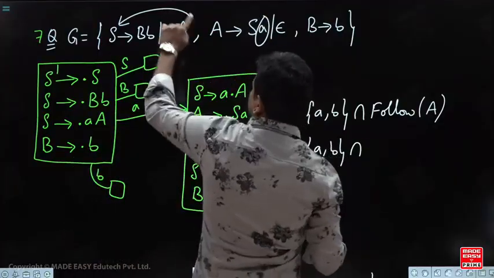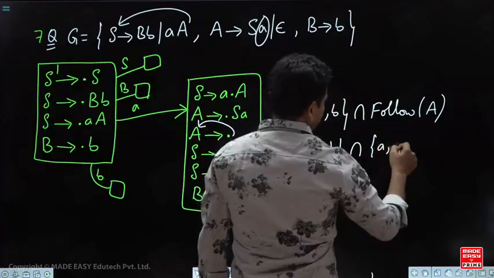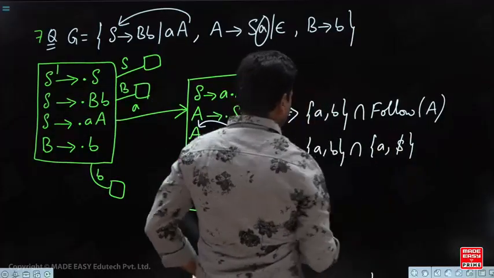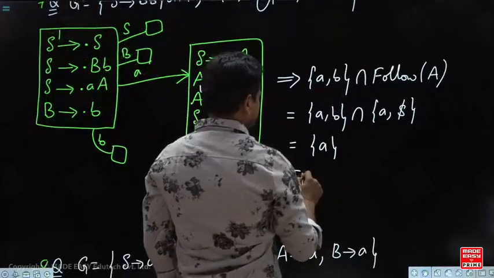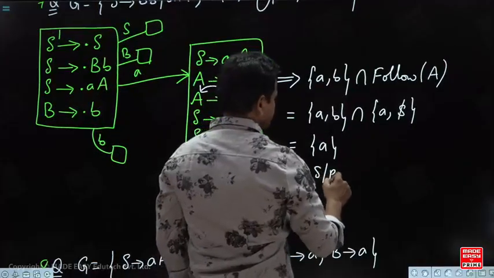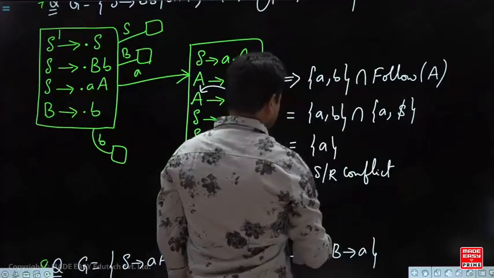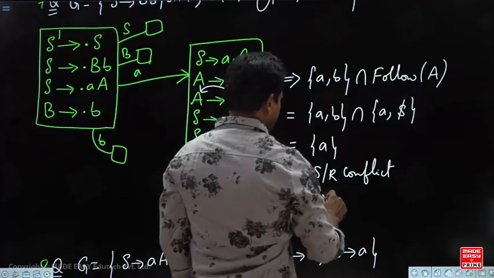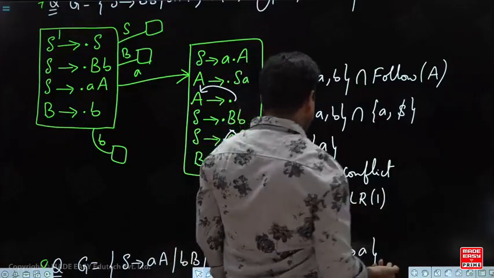So follow of A is follow of S, which is A and dollar. So follow of A will be A and dollar, and the intersection is A. Therefore, it implies shift reduce conflict. Implies not SLR(1).